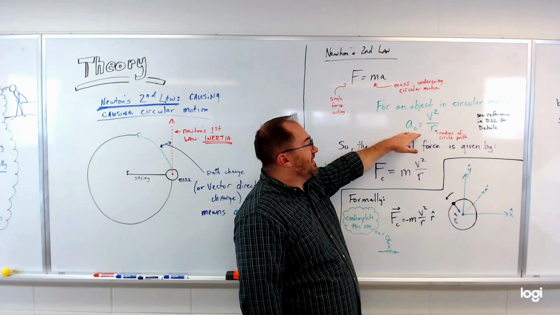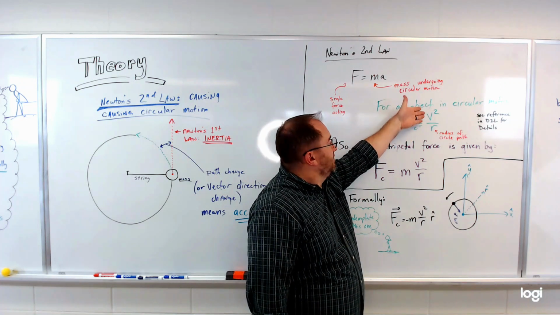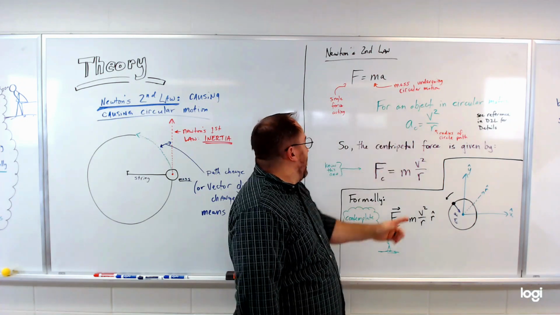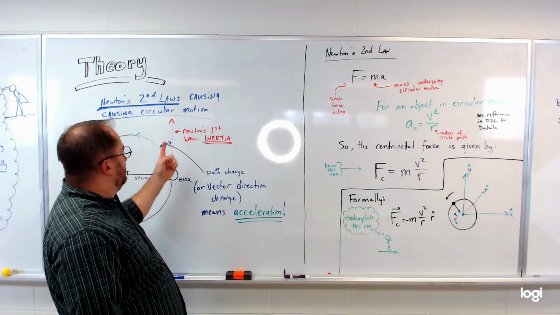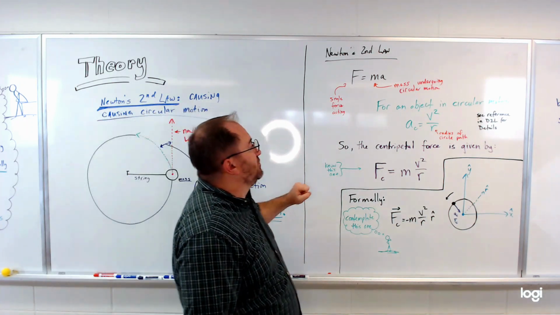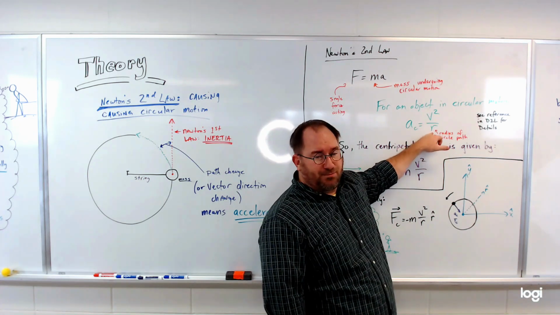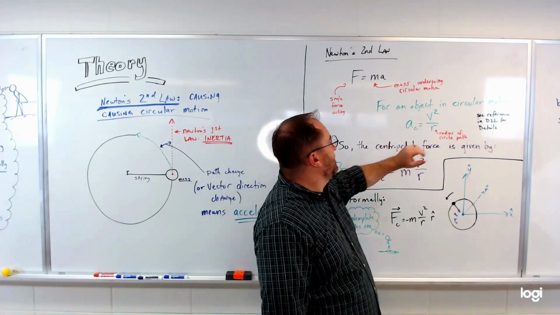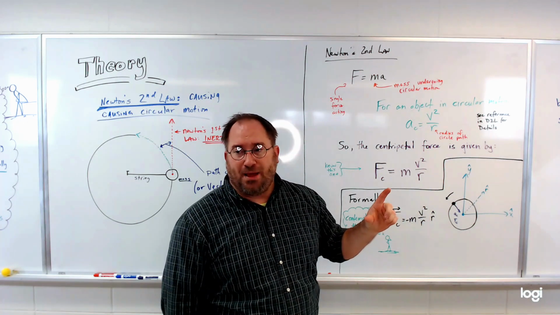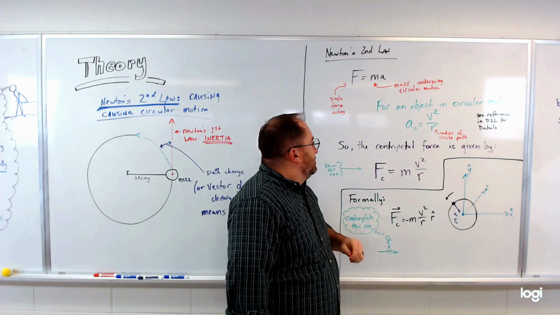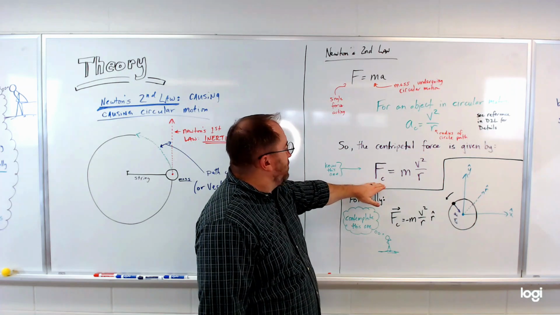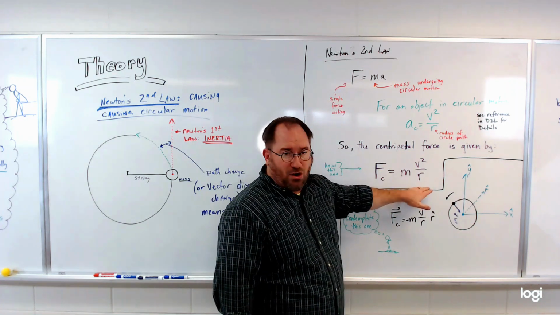Centripetal acceleration can be described as the tangential speed, the speed at that surface point at that point in time, squared, which makes it now a scalar quantity, over r. Again, r is the radius of the circular pathway. So we substitute that in, we get centripetal force defined as mv squared over r.